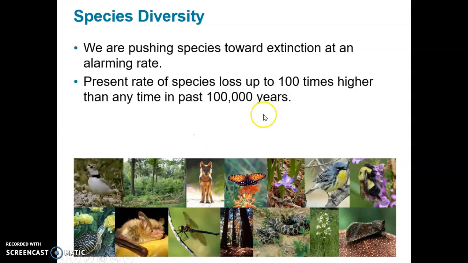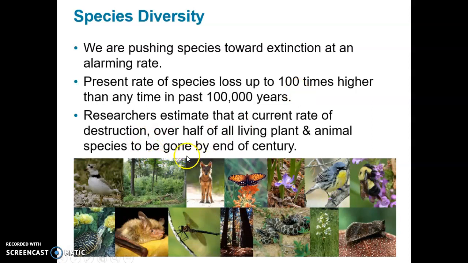So at the present rate, species loss is up to 100 times higher than it's been at any time in the past 100,000 years. And that's just simply alarming. And again, that's directly attributable to human impact.